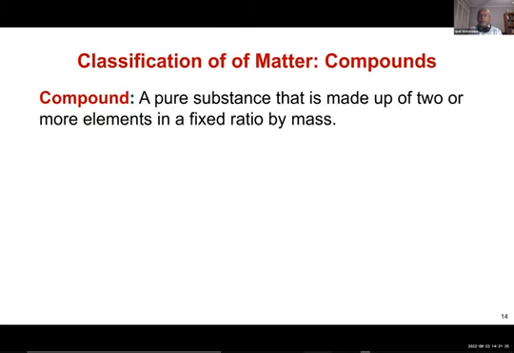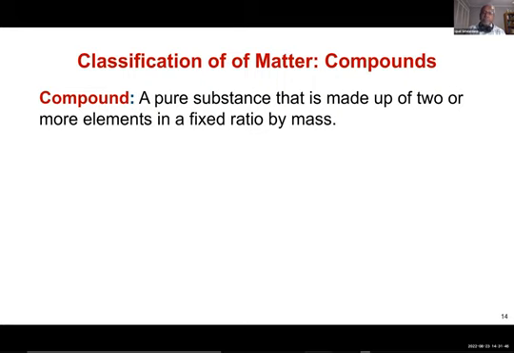A pure compound or pure substance is a compound when it is made from two or more elements, obeying the law of constant proportion.